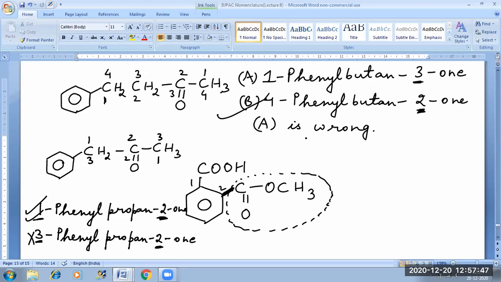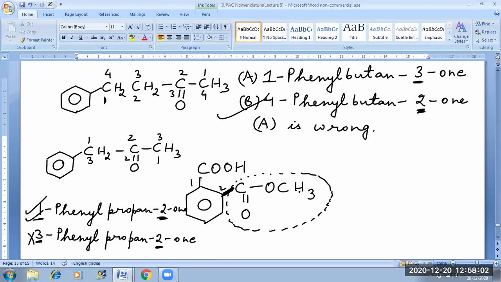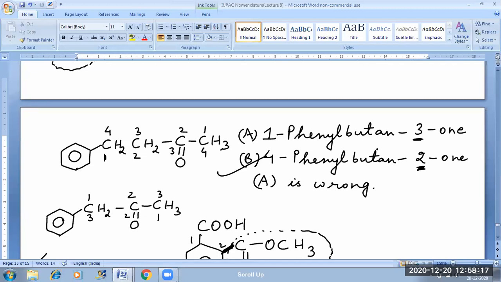Any doubt? Any doubt anybody has in this part? ये क्लियर हो गया?